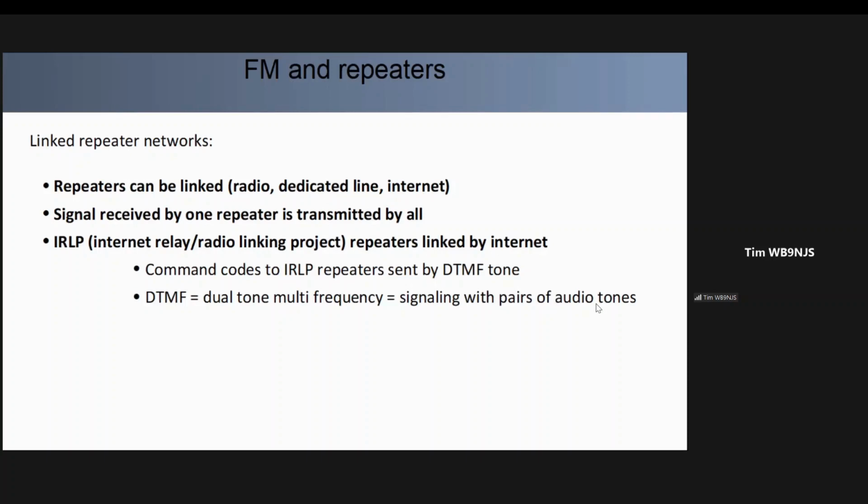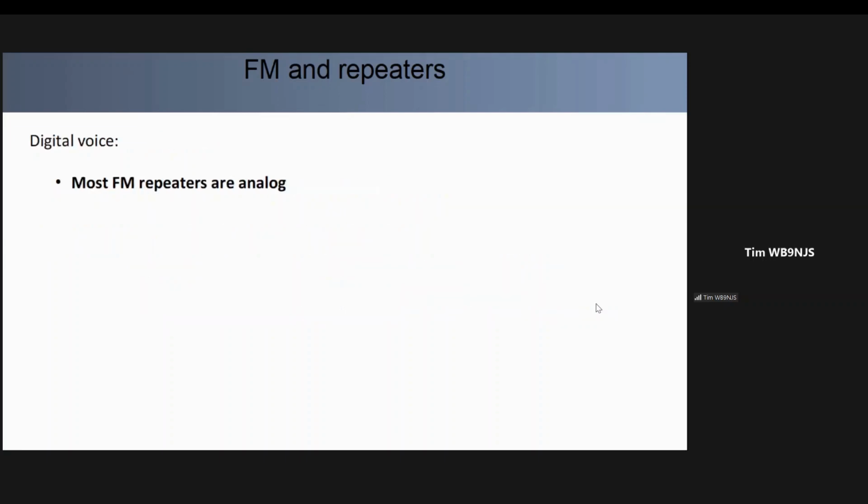You'll use that to control or send commands to an IRLP repeater. And quite often, you'll notice a handheld radio or hand microphone has a keypad on the front of it. That's why you can use that to control the radio or to send commands.